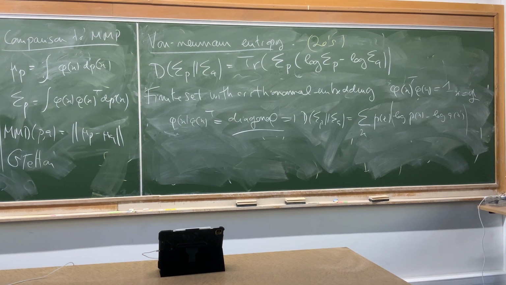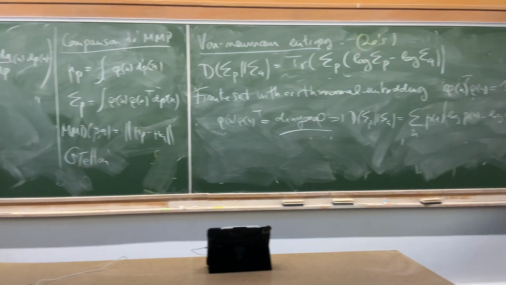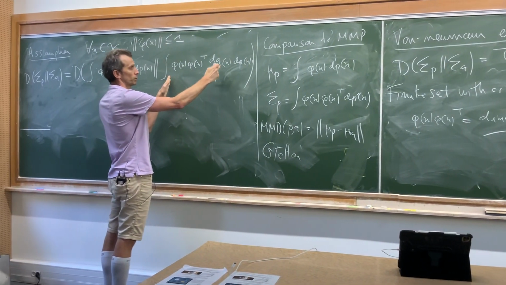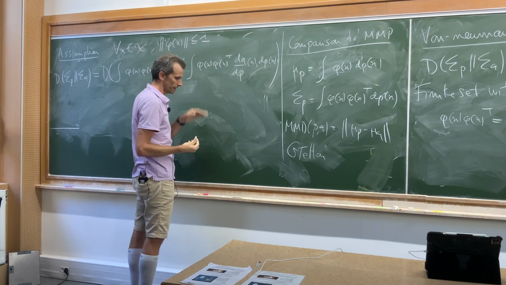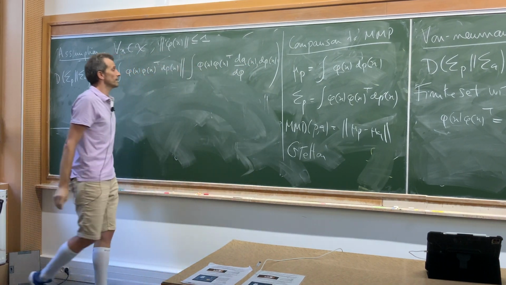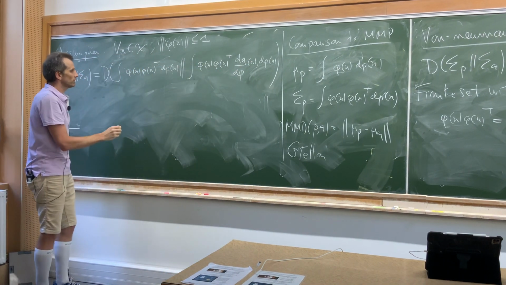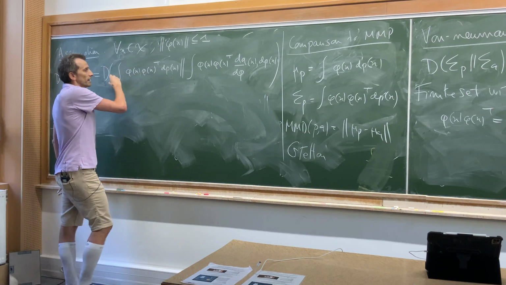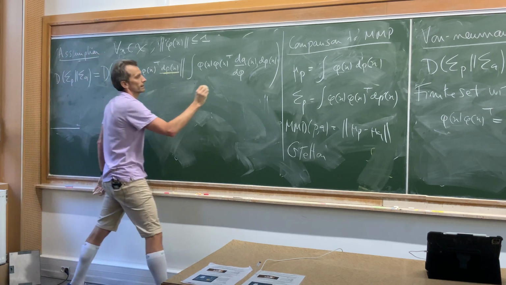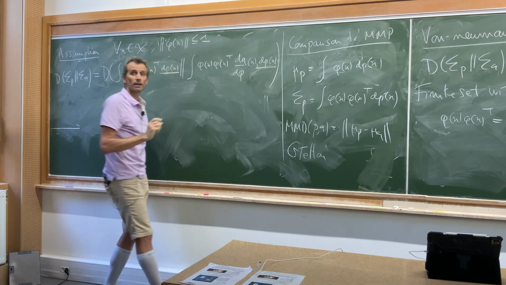So let me start again. I have this divergence, the fundamental entropy between the integral of phi phi transpose for p and the integral of phi phi transpose for q, where I'm writing q as dq over dp times dp. So what I have here is the expectation over dp on both arguments.